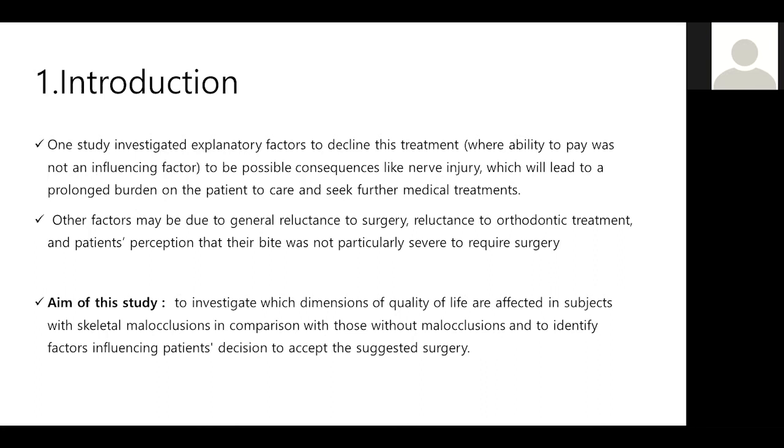Therefore, the aim of this study was to investigate which dimensions of quality of life are affected in subjects with skeletal malocclusions in comparison with those without malocclusions, and to identify factors influencing patients' decision to accept the suggested surgery. Patient perceived factors were analyzed, while controlling for demographic factors and normative level of treatment needed.